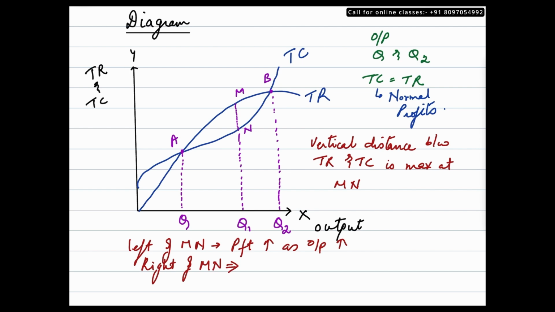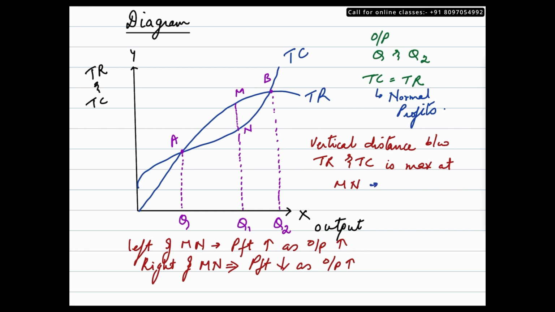We see that this zone is beginning to narrow down, correct? Until it converges again at TC equal to TR, which is again a zone of normal profits. So here profit is falling as output goes up. So this is the place where the profit is getting maximized.